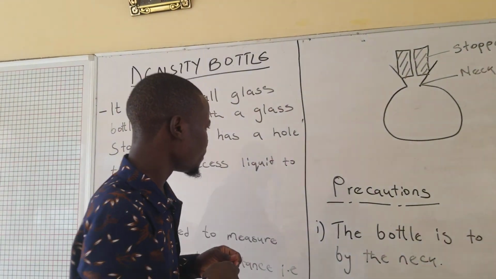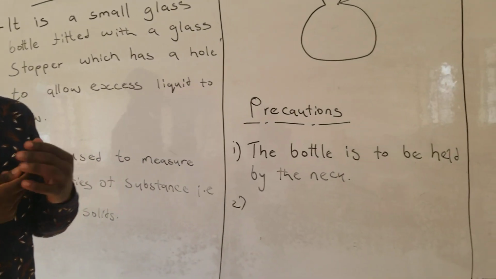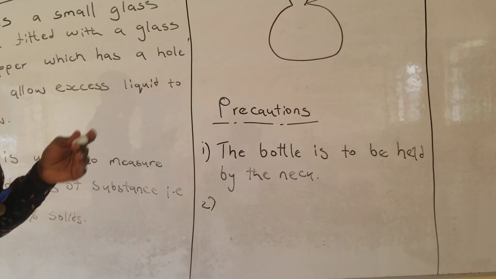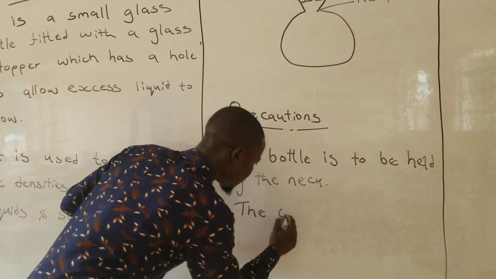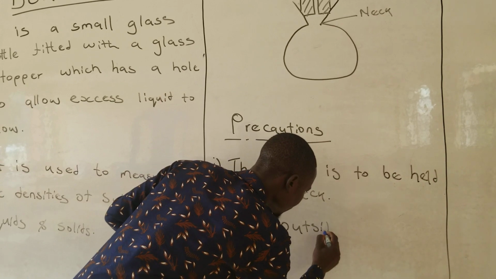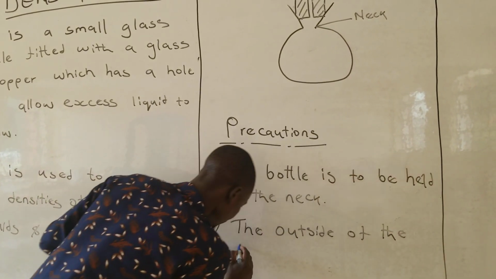The second precaution that we also have to look at is that the outside of the density bottle must be wiped carefully.